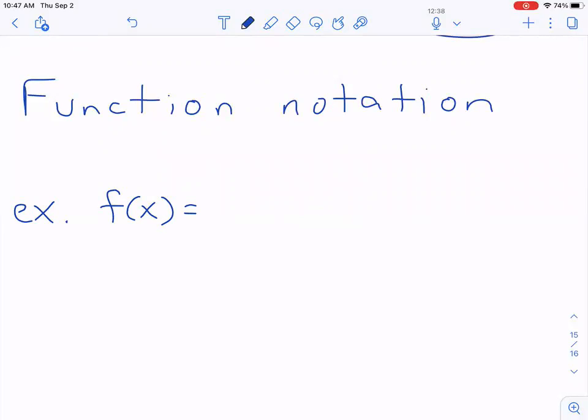So f of x is equal to, let's say, 2x to the third minus 4x plus 1. So f of x is equal to 2x to the third minus 4x plus 1. We want to find f of 3.